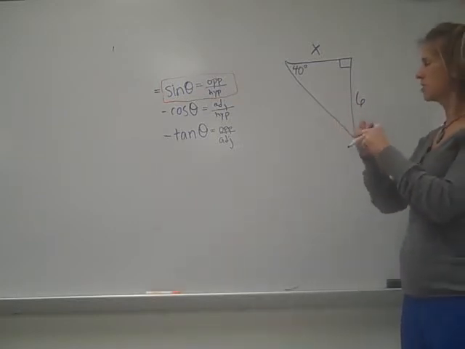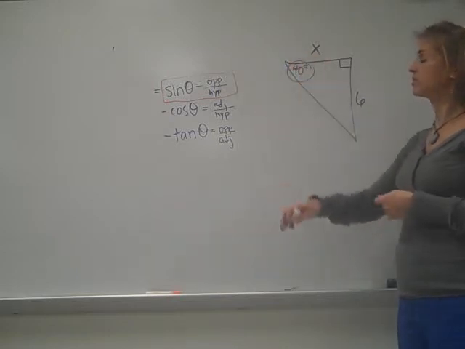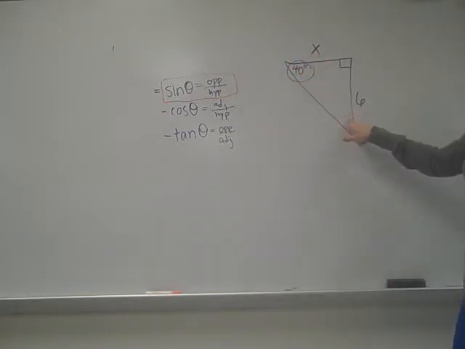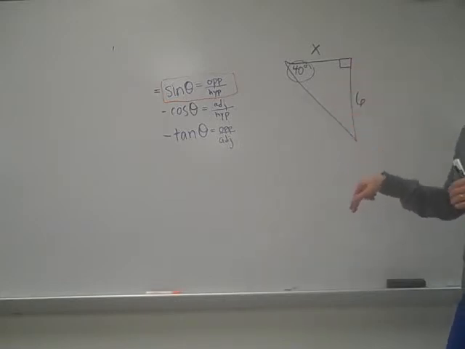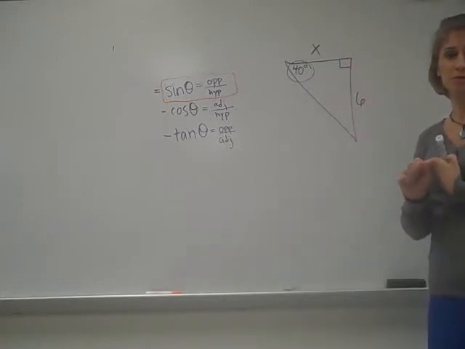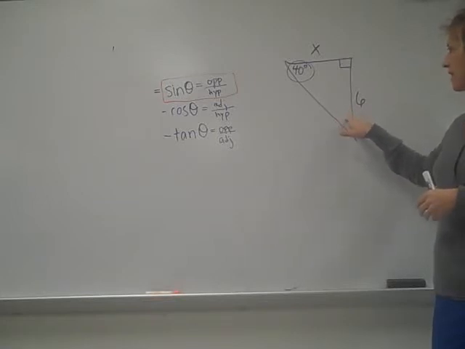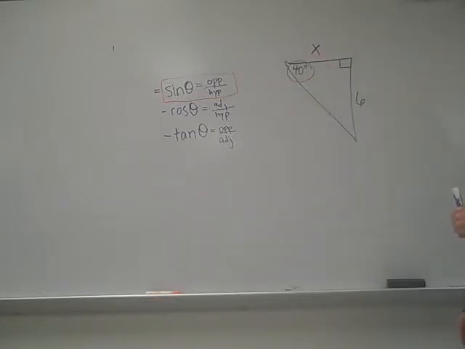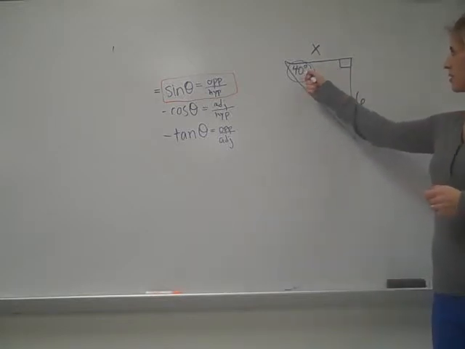Step 2, choose the angle. I'm going to use this one because it's the one that I'm given. I could use this one because I can find it. I know that the 3 angles of a triangle add up to 180. So I could find that angle and use it, but I might as well use the one that I already have.